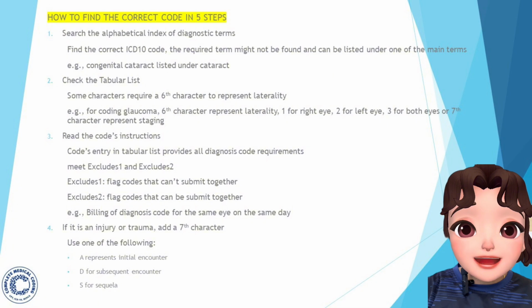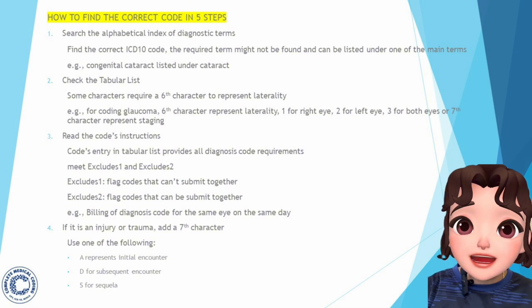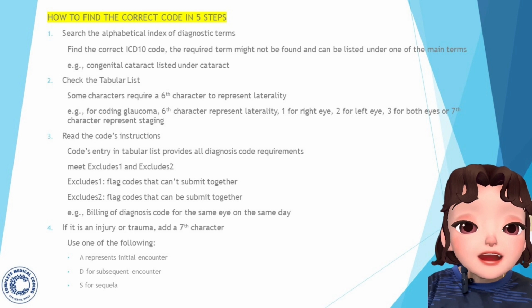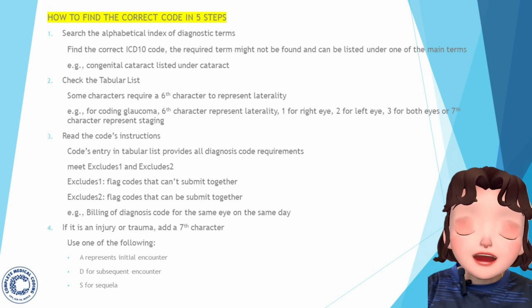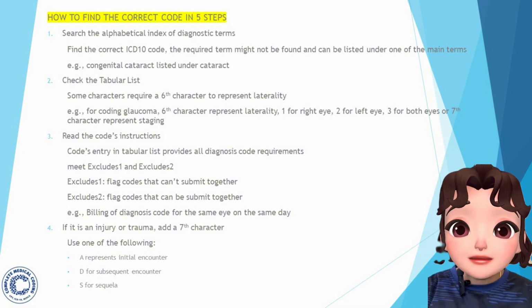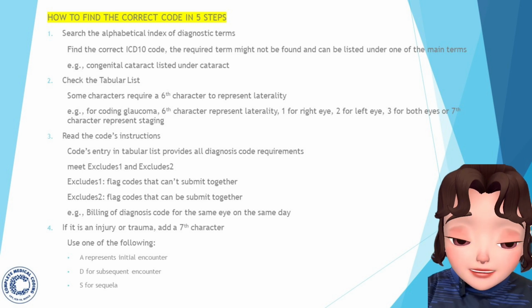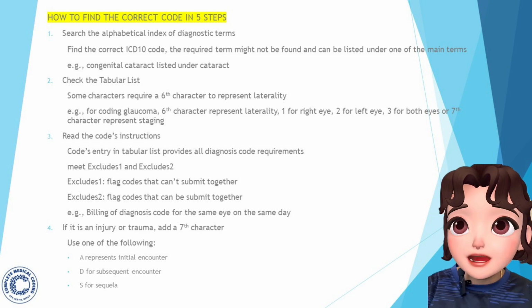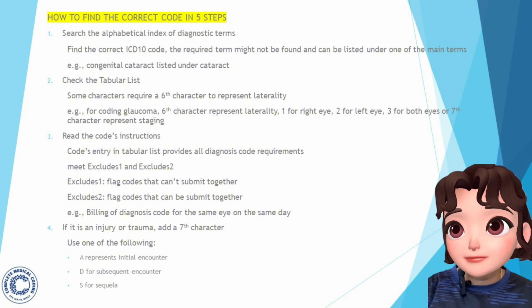We need the exact diagnosis as congenital cataract, but it might not be there, but it is listed under cataract. So if you cannot find the congenital cataract diagnosis, then go for cataract, and below the cataract section you can find the congenital term. Like that you need to code from the alphabetical index.